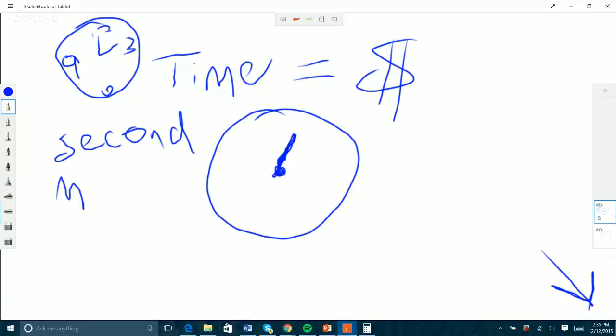Now, the minute hand is a long hand, and it goes in minutes. And you make the second a little longer. And then you have the hour hand.